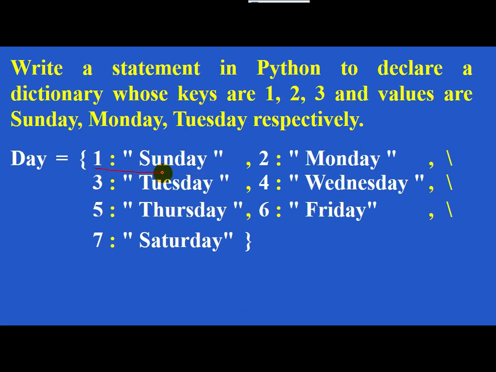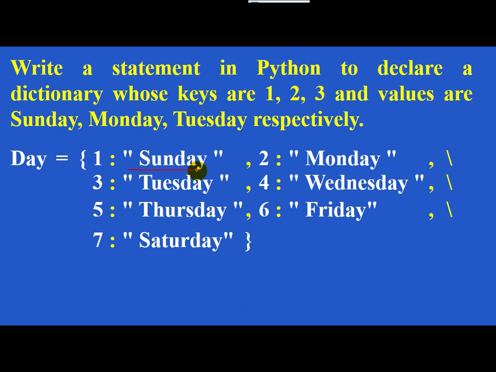So if you want, you can modify the first item of the dictionary with something else depending on the need. Now another important point, key should be a quantity of immutable type, which means key can be a tuple, key can be a string, key can be a number, key cannot be a list, because list is mutable, isn't it? So it's a rule. Key should be a quantity of immutable type.